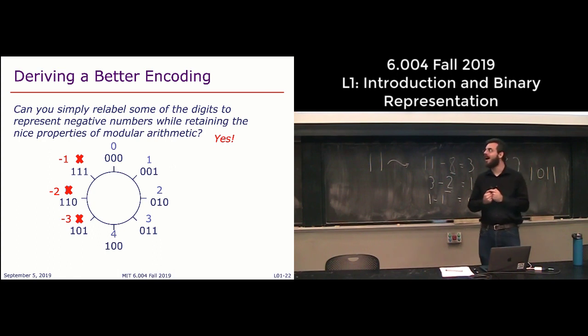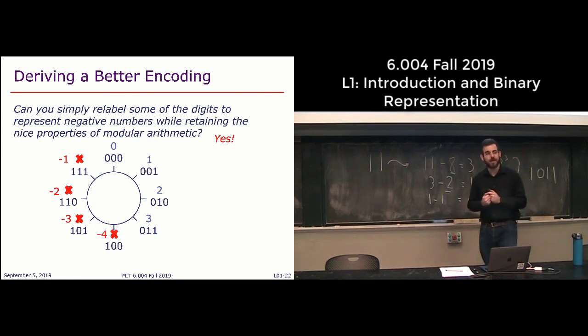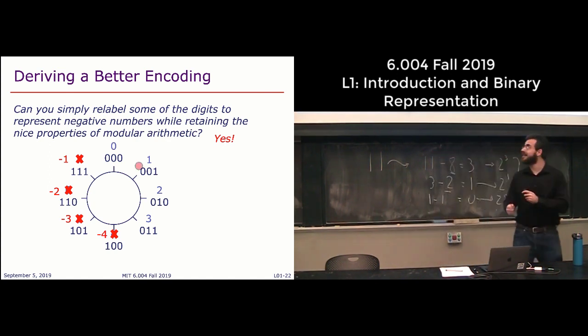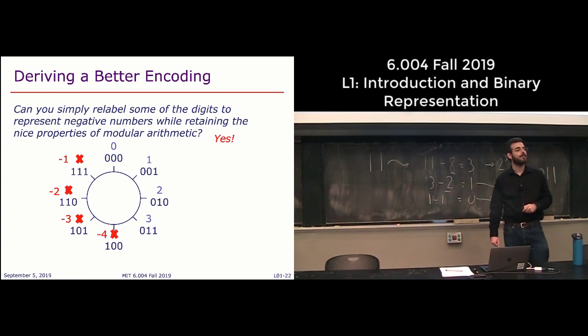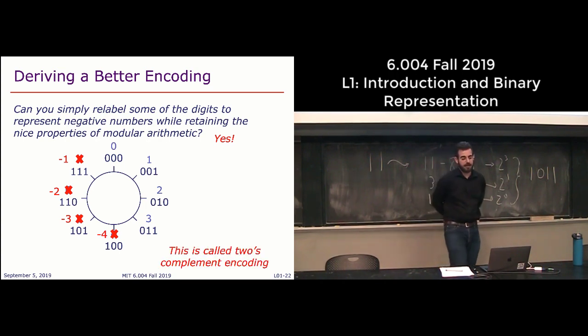So, one approach is to stop at -4. And that gives us some very nice properties. The most obvious property is that all the negative numbers have a 1 in their most significant bit. But this actually makes the encoding very, very easy, as we'll see next.